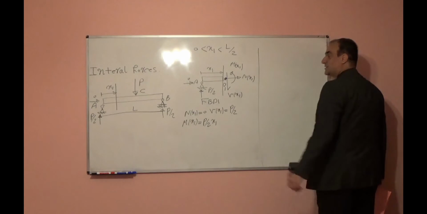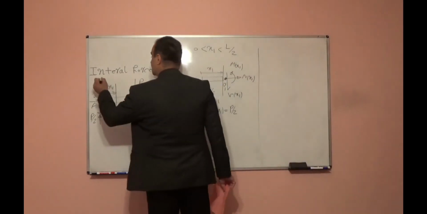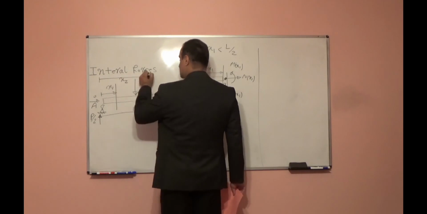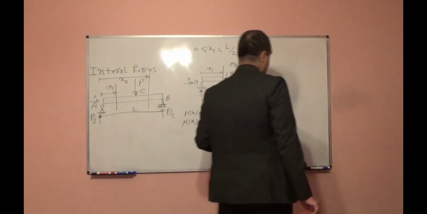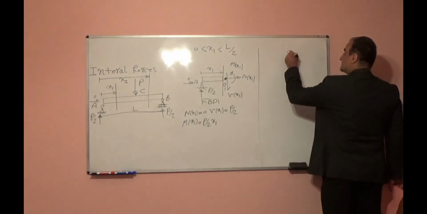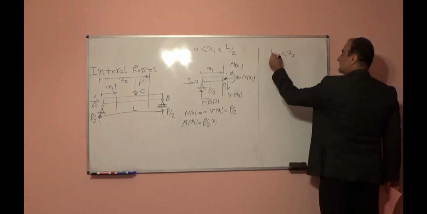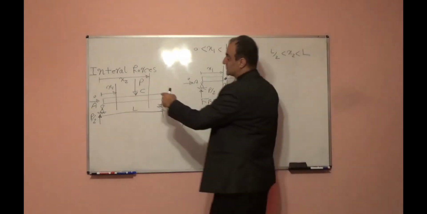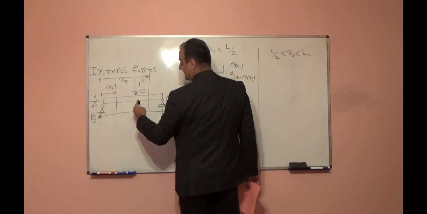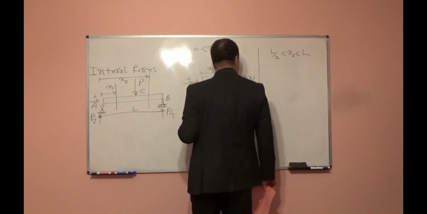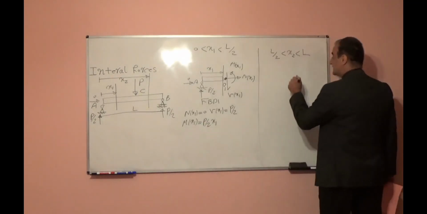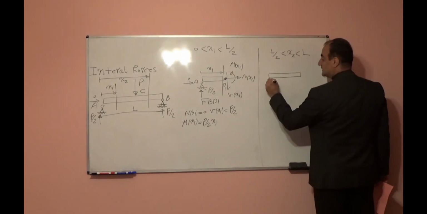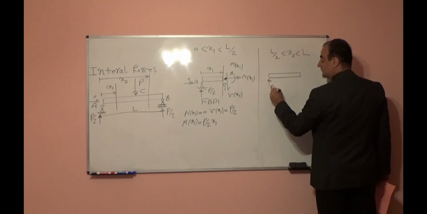Now if I cut this beam in another section, in section x2, after the load, so x2 will vary this time from L over 2 to L. X2 after the load, so it will vary from L over 2 to L. If I show the free body diagram for the beam, here you will have reaction P over 2.